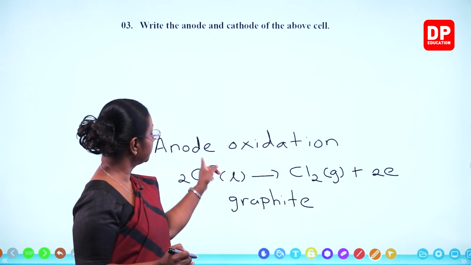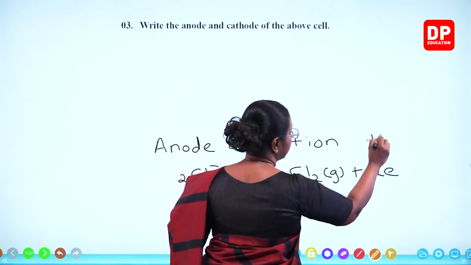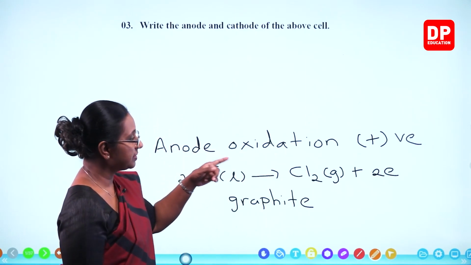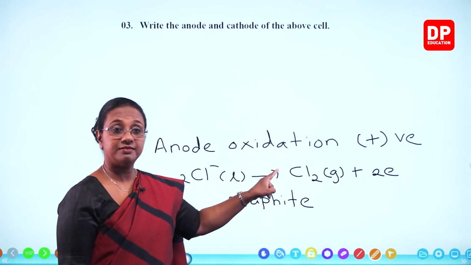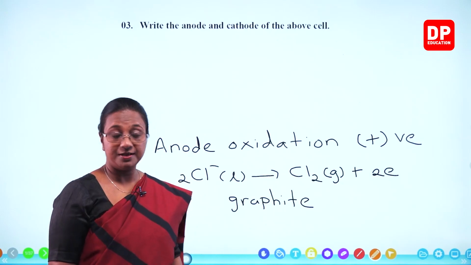And what is the charge of anode here? It is positively charged. So here it is positive. You can remember. Anode oxidation happens and anode is positively charged. That is why the chloride ions get attracted towards the anode. And it is made up of graphite.